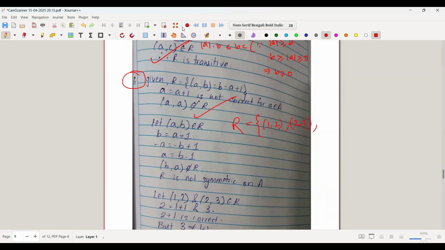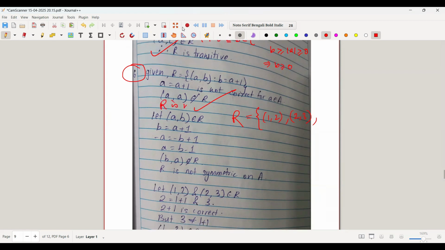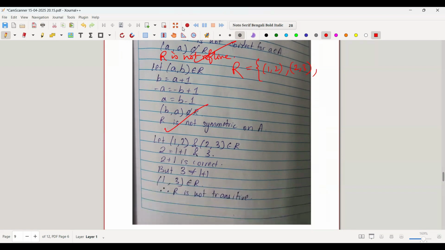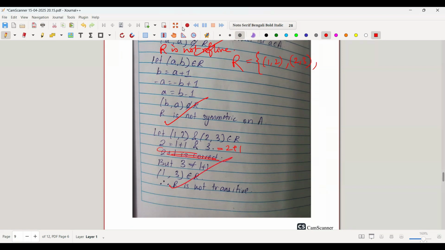A is not equal to A plus 1, so R is not reflexive. R is not symmetric. (1, 2) and (2, 3) belong to R. 3 equals 2 plus 1 is correct, but 3 is not equal to 1 plus 1, so R is not transitive.